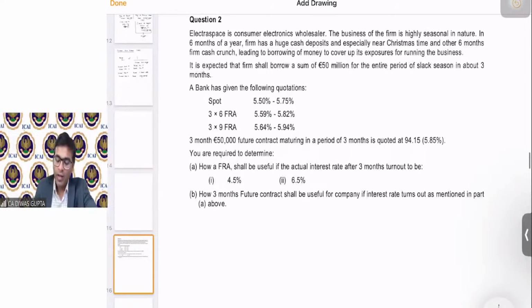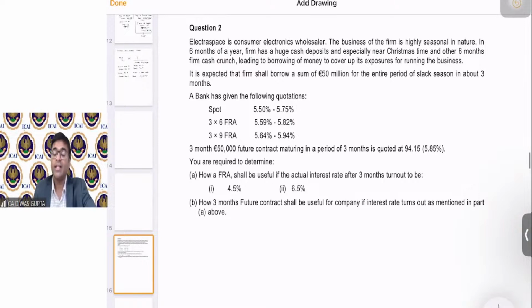See now, the way this question has been drafted, it's a seasonal business. So whenever the season hits and there are good sales, the cash flow becomes high and hence there are huge cash deposits that the company is sitting on. However, in the next 6 months, when there is a downtime of the business, there is a need to borrow.